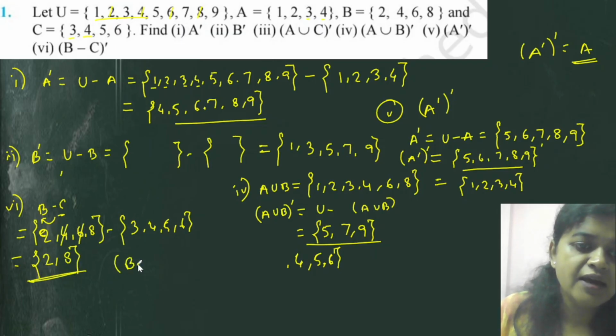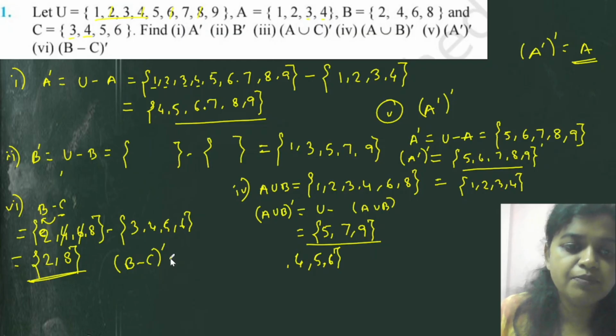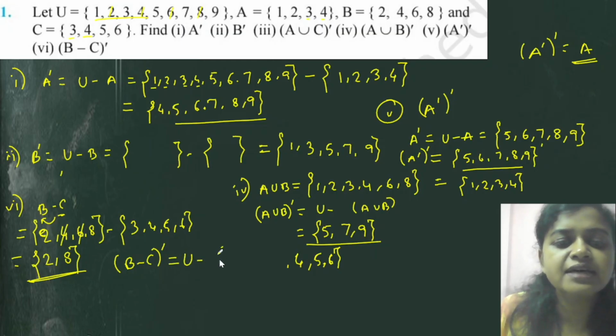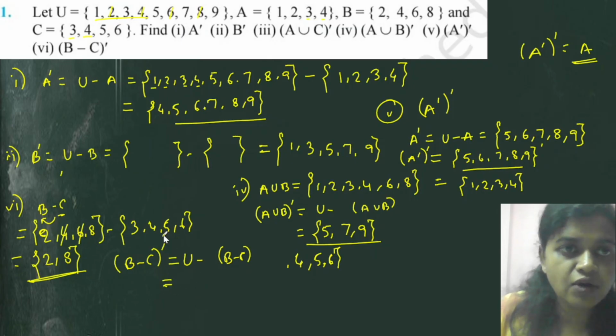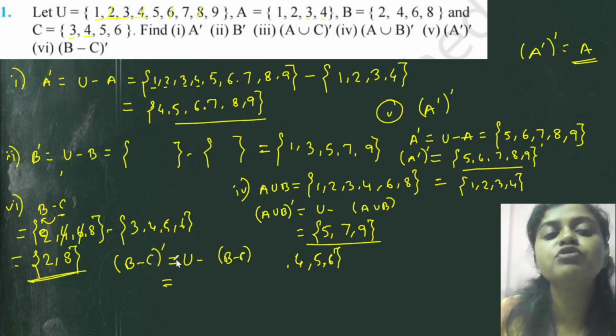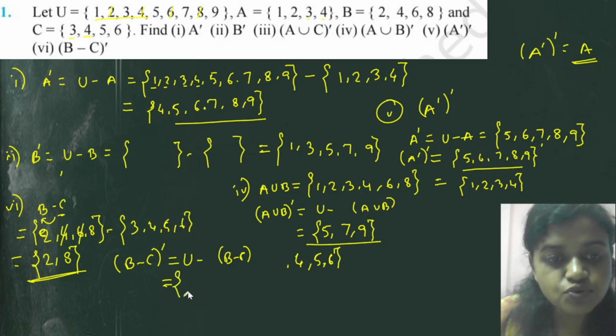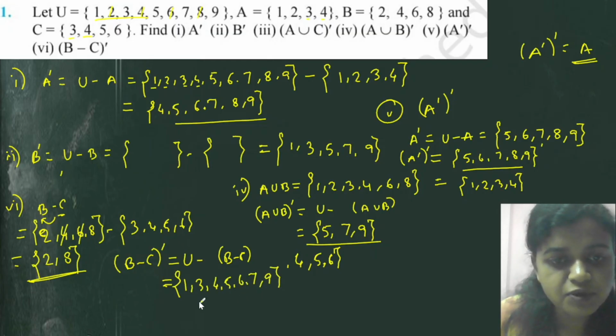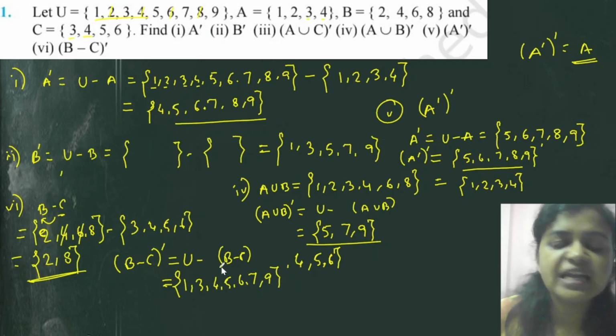Now you have to find B minus C complement, which means U minus (B minus C). So U is the whole set, elements 1 to 9, and B minus C is 2, 8. You have to remove 2, 8 from U. So we will get the elements 1, 3, 4, 5, 6, 7, 9. 2 and 8 are removed because in B minus C the elements are 2, 8.